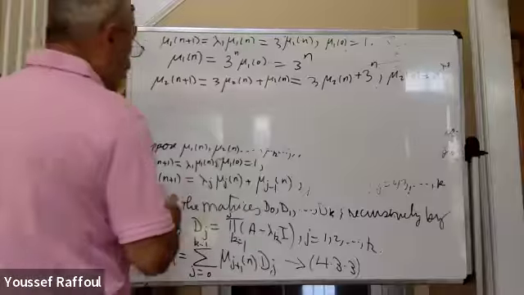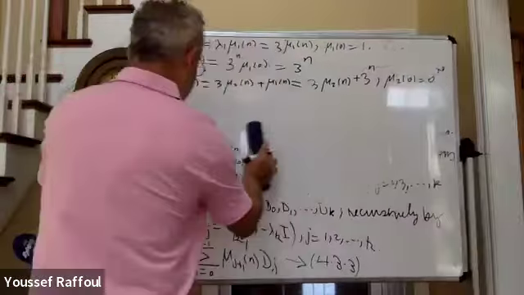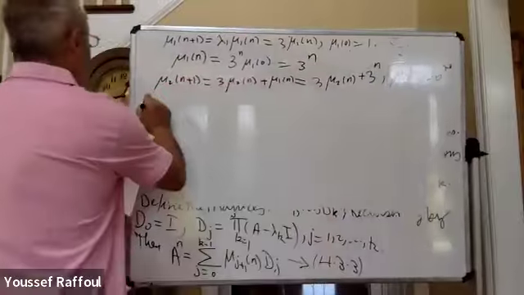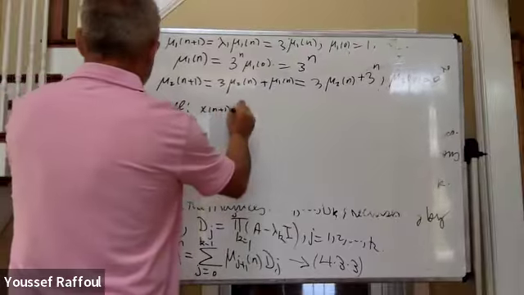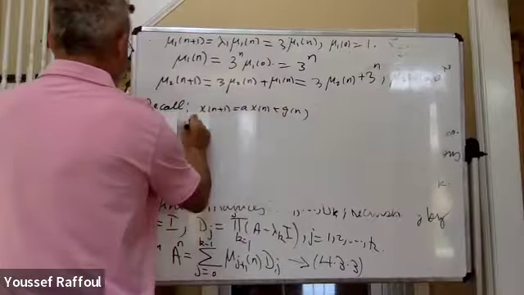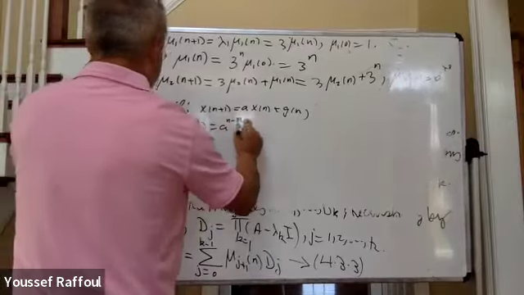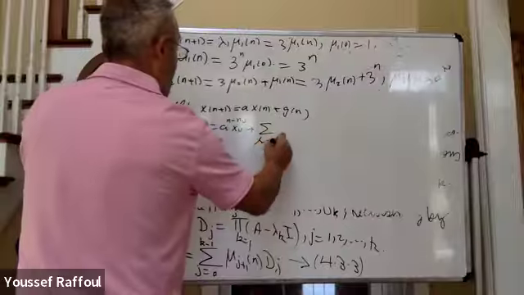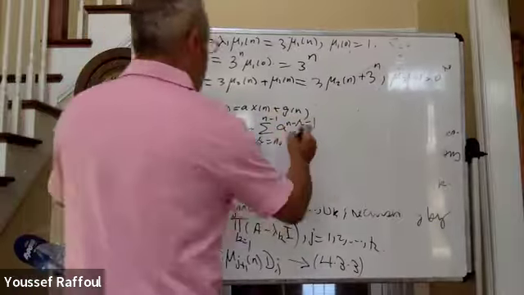Now, you recall the formula. Recall that if you have x_{n+1} equal a x_n plus g_n, then the solution is x_n equals a to the n minus n naught times x naught, plus the sum r equal n0 to n minus 1 of a to the n minus r minus 1 times g_r.